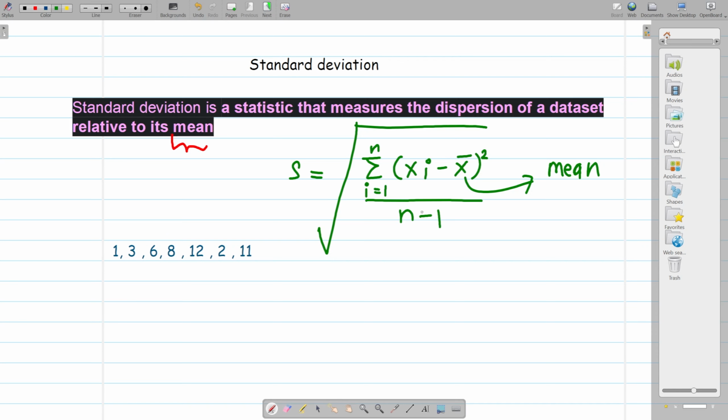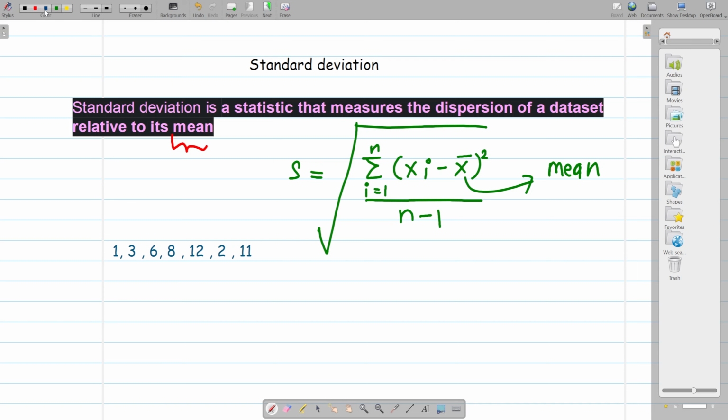In order to find the standard deviation, first you have to find the mean according to this equation. But think that they are not asking about the mean, but just directly asking you to find the standard deviation.